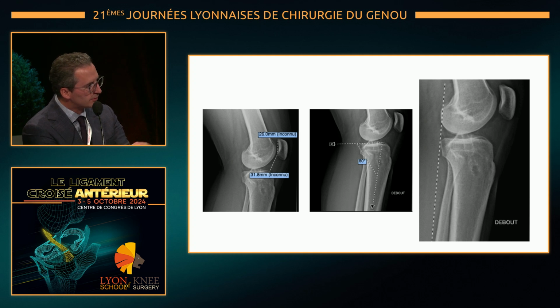For the other guy, if the slope is 10, so less than 12, and you have an anterior tibial translation, do you consider slope correction?